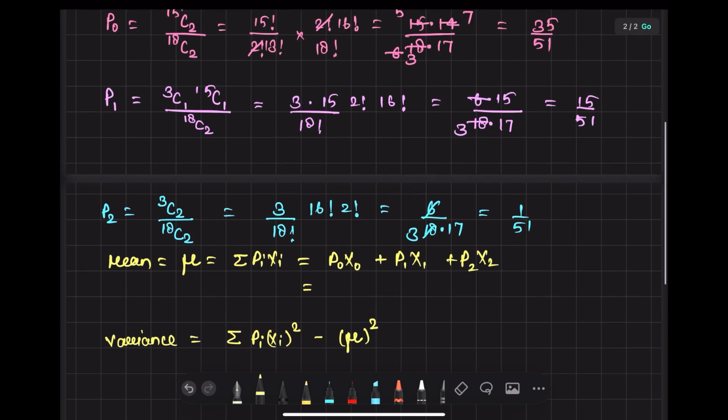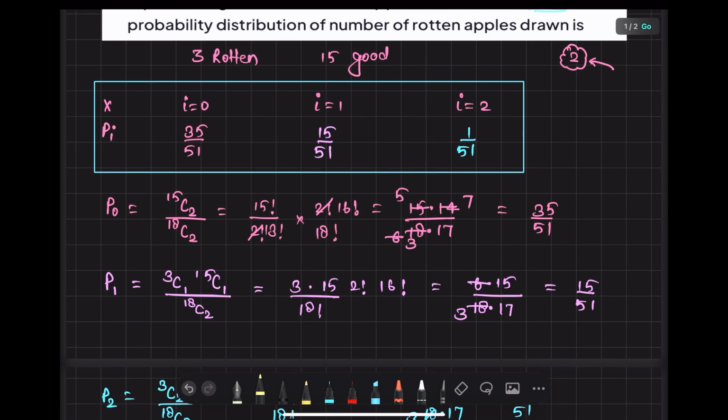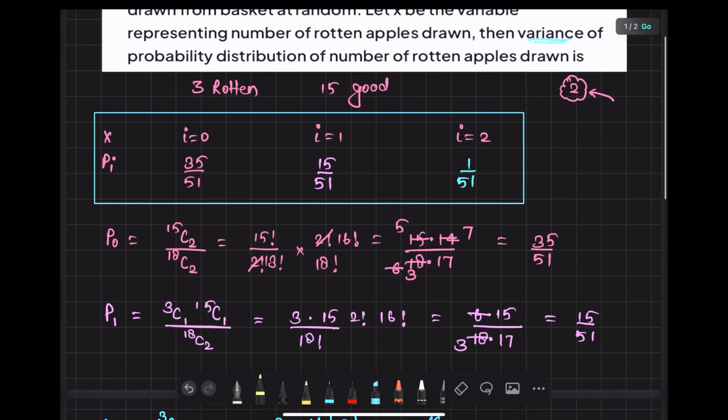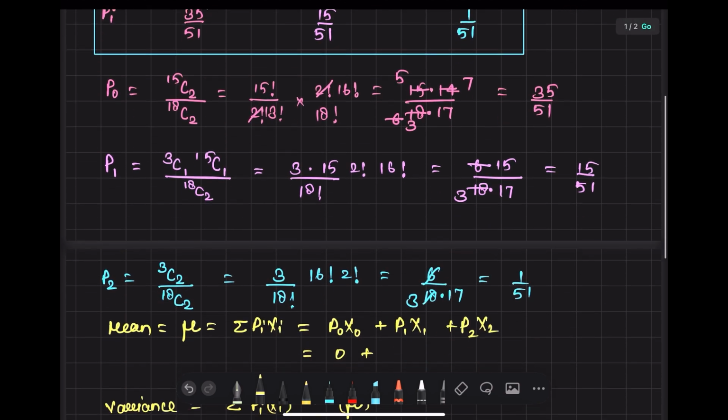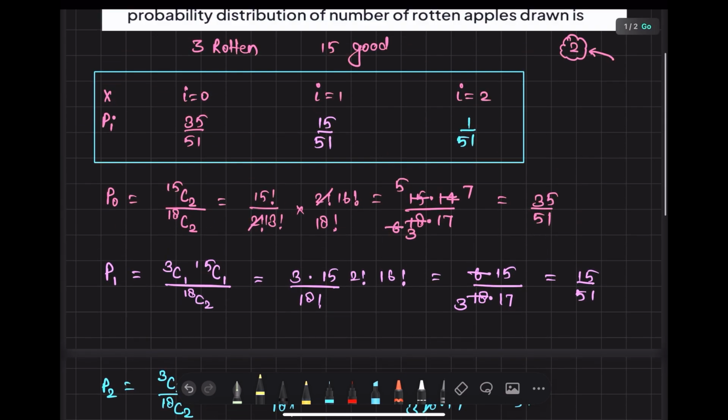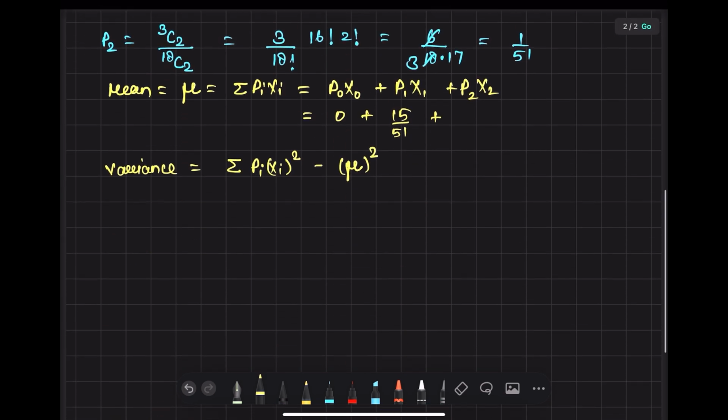You know that p0 is 35 by 51 into 0, so it will become 0. Then we have 15 by 51 into 1, plus p2 is 1 by 51 into 2, so it is 2 by 51. So it is 17 by 51, or you can say it is 1 by 3. So till this part I hope you guys are okay.